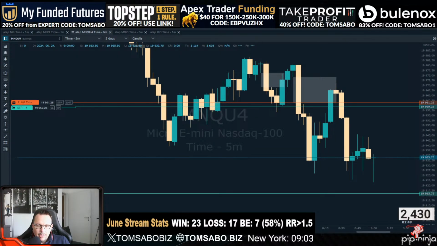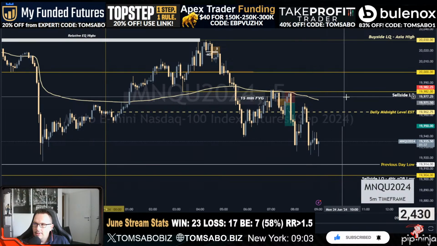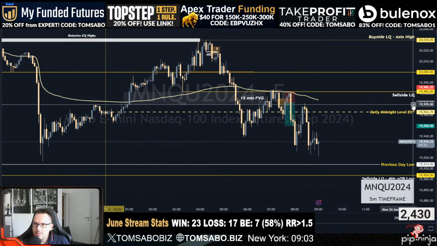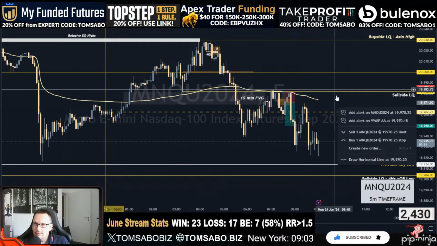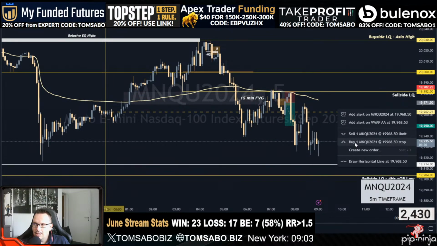I need some help with Apex Pay account. How do I put a stop loss automatically on TradingView? How do you put your stop loss automatically? It's the thing you can do. You just put, there's a plus sign here. So you see there's a plus, and you put a buy stop. So if you're in a short, just press plus and put in a buy stop.